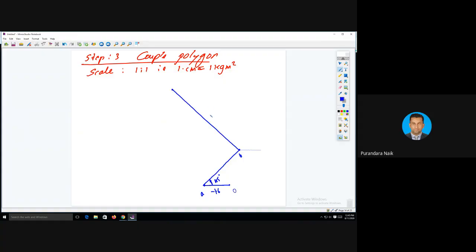The length is 7.2, and the arrow mark is also very, very important. This is the arrow mark, the direction of drawing. This is angle 115 because 70 plus 45, 115 with respect to A.